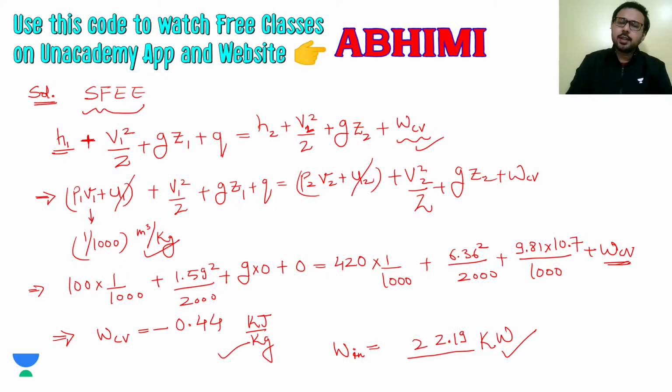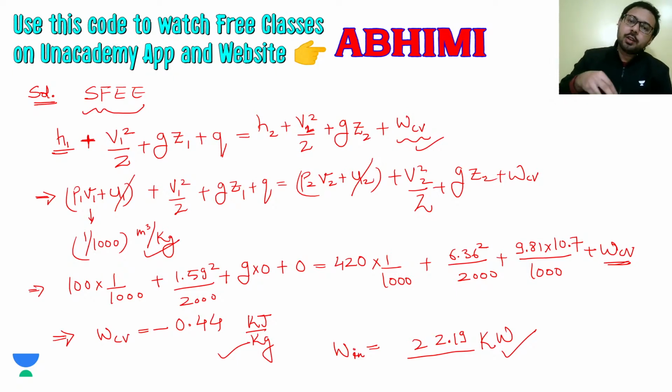We are not writing the negative value there because the negative value is not going to be considered when we are saying work input, because work input itself means that work is going to be given. For example, if work input is given as 22.19, then in the steady flow energy equation that is written on the screen, in terms of the work control volume, we will write minus 22.19.